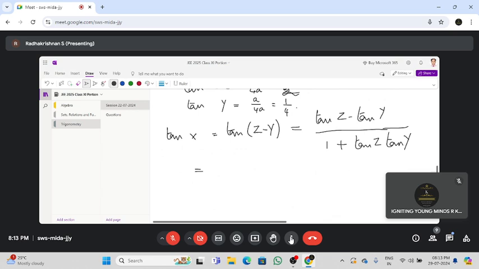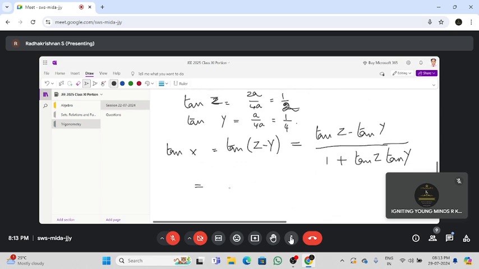So let's check it. Tan z minus tan y divided by 1 plus tan z into tan y. 1 by 2 minus 1 by 4 becomes 1 by 4.